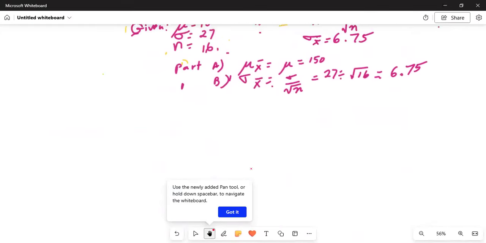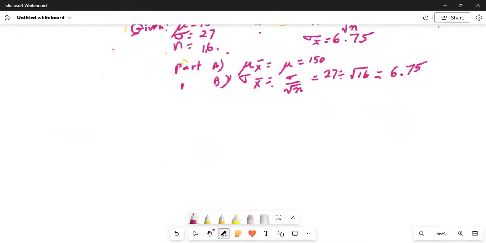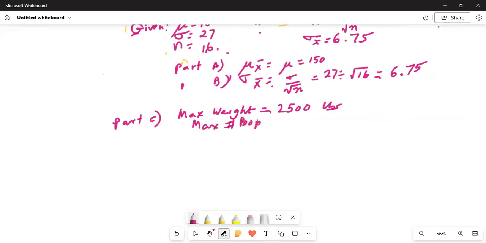So part C: the maximum weight is 2,500 pounds. The number of people is 16.